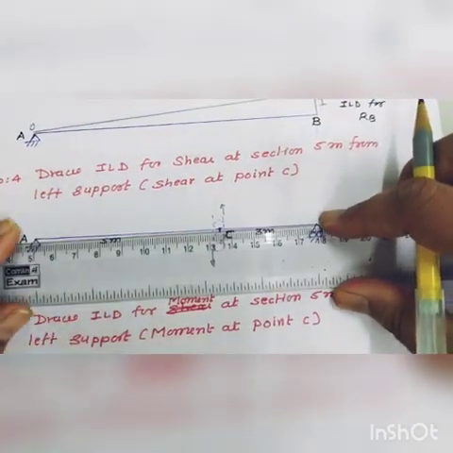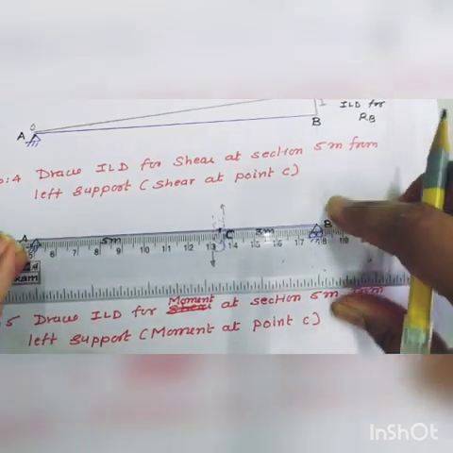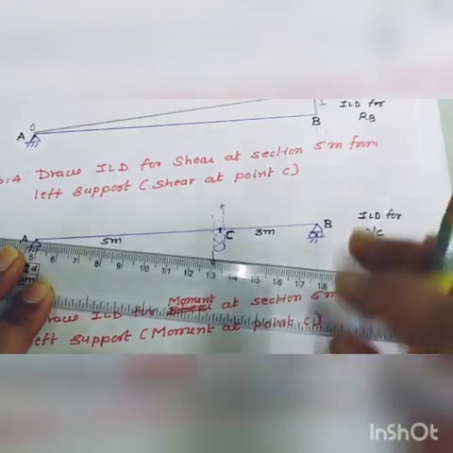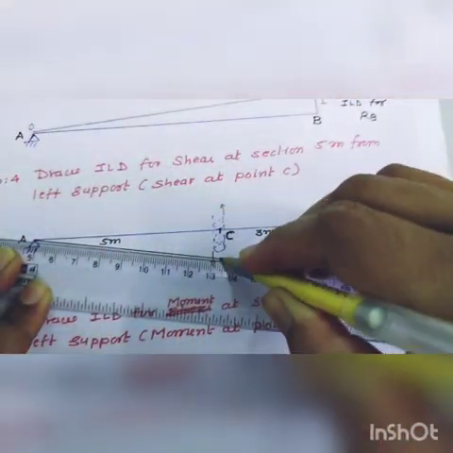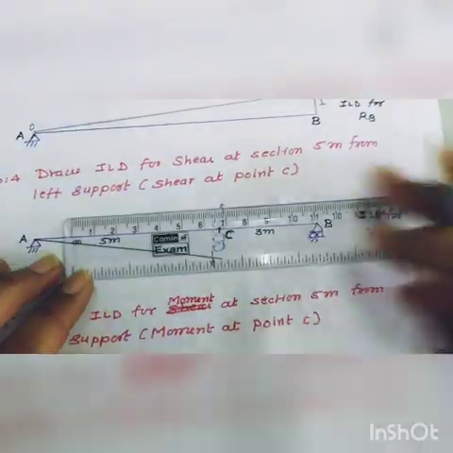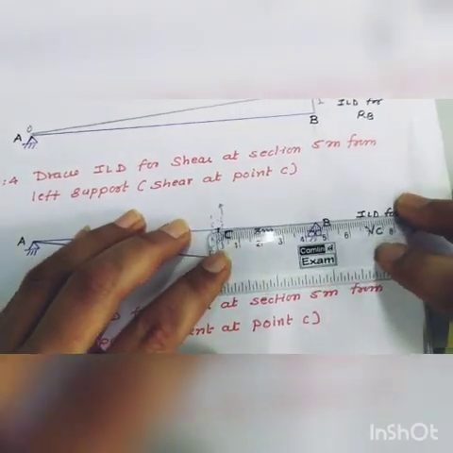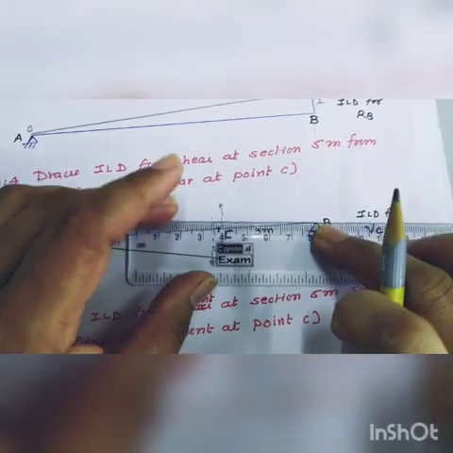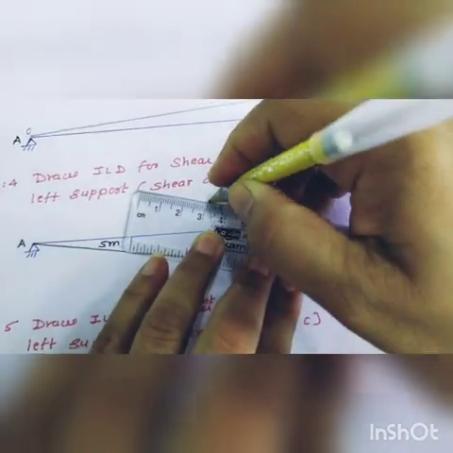When we apply the downward force on the left hand side, support A remains as it is, and the diagram is like this. And when we apply the upward force at C on the right hand side, support B is as it is, and the diagram is like this.